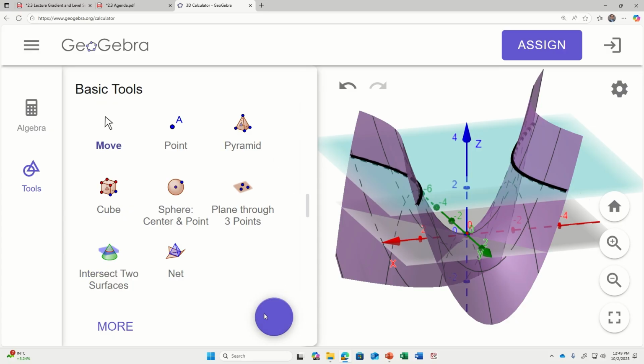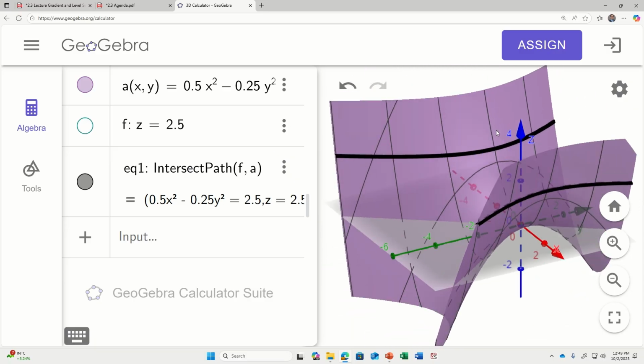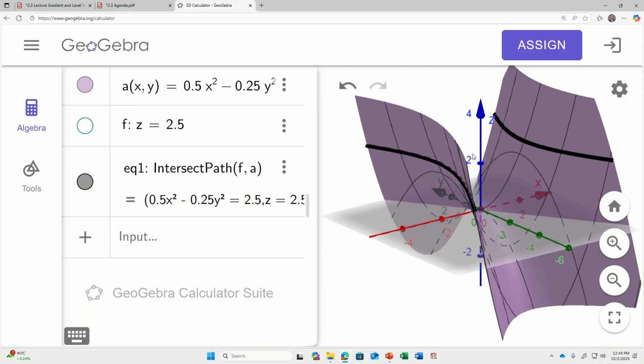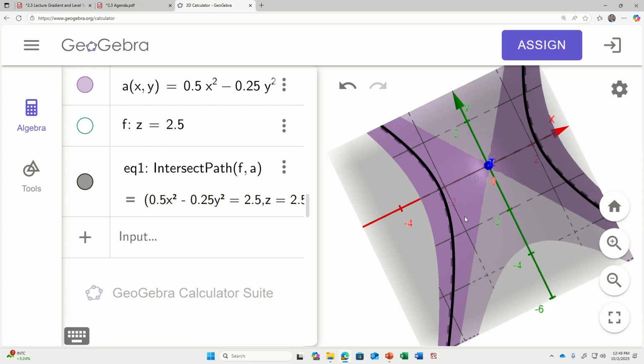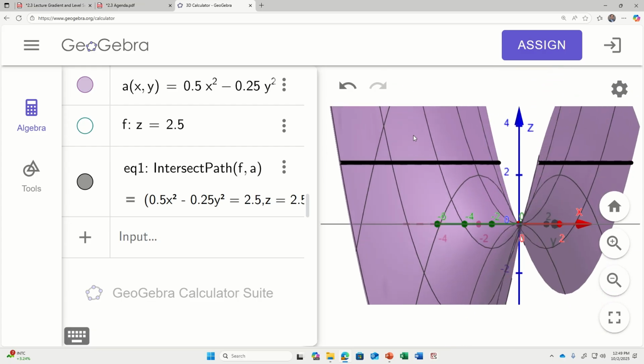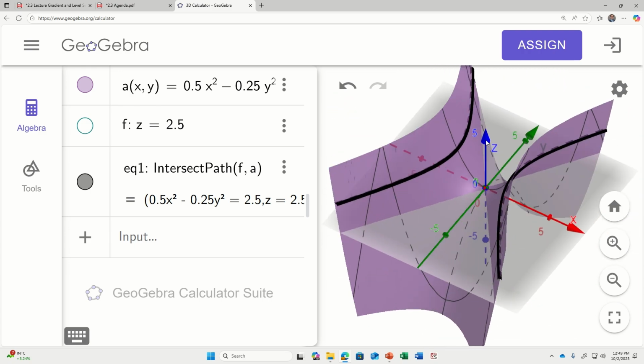And we'll see if it did anything. Yeah. So now you can see in black, that's the level curve. In other words, that's the level set. That's the set of all x and y values that give me exactly the same z value for my function. Okay?